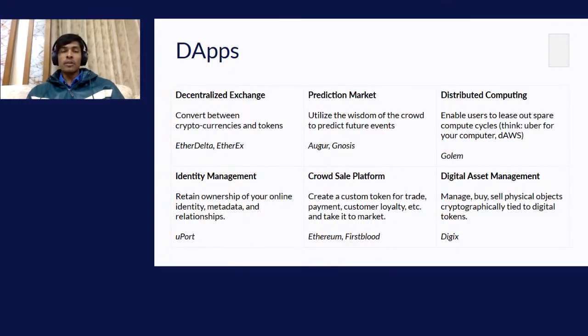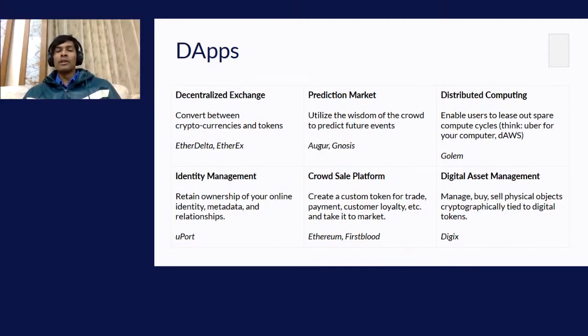When I say exchange, it means a utility or an application where users can convert between cryptocurrencies and tokens, right? Prediction markets. A prediction market is just a fancy term for betting markets, but it's very interesting because if you build a betting market on Ethereum, it's very easy for people globally to be able to bet on things.